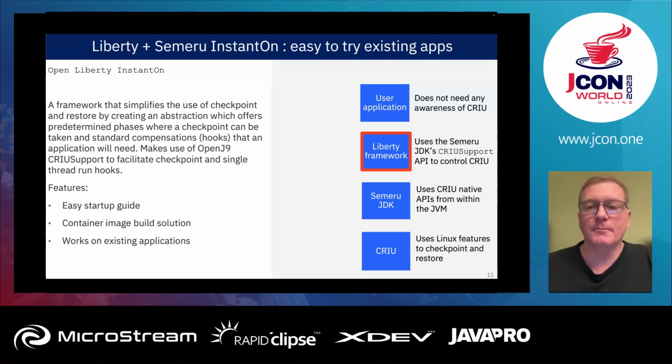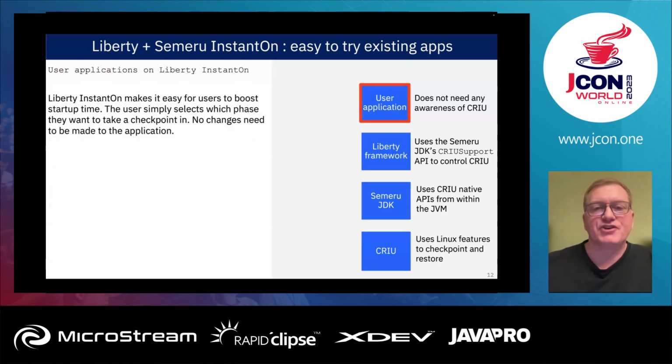You can still just start your app and it will work just fine. Liberty will capture all of the resources that need to be checkpointed and compensated on the restore side, and things will just work. That means, finally, at the application level, you don't actually have to do anything. The only thing you have to do is decide which one of those two checkpoints you want to do.